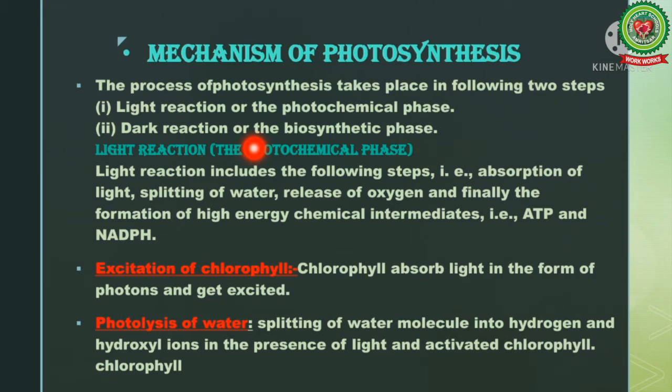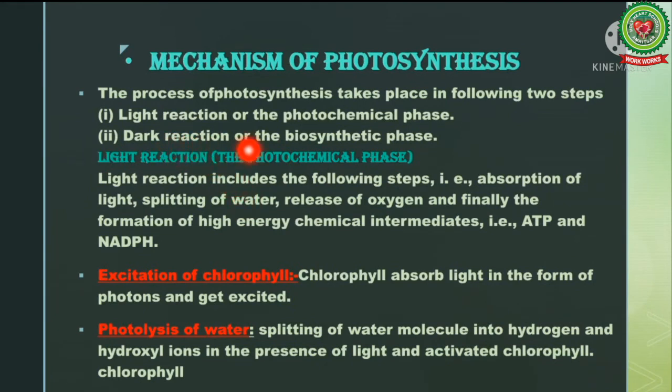These compounds constitute the assimilatory power. Another end product formed as byproduct is oxygen. Light reaction is also called as Hill's reaction, as the process of light reaction was explained by Robert Hill. It is also known as photochemical phase, as in light reaction, light energy is converted into chemical energy.